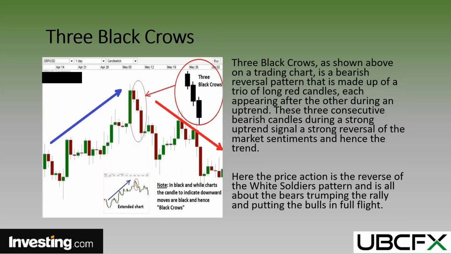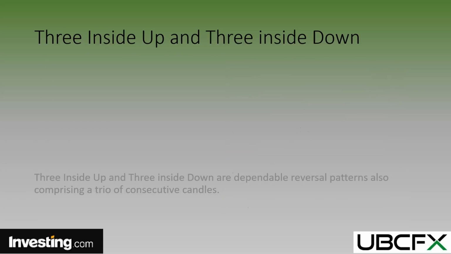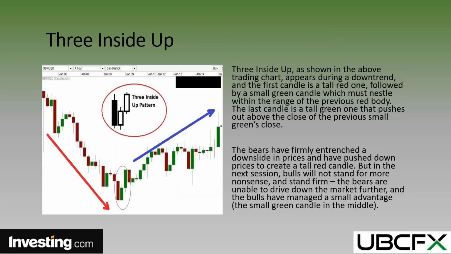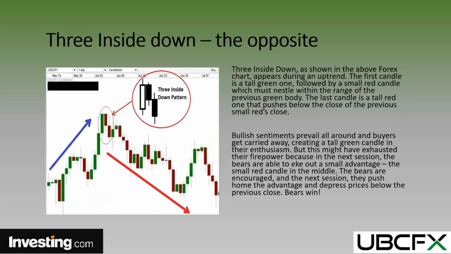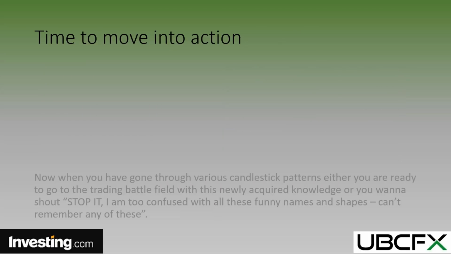Three black crows is the opposite. It appears at the end of an uptrend and is a reversal from that uptrend. And then we go to the three inside up and three inside down. They are as complicated as the morning star and the evening star, but they are again reversal patterns. They are on your cheat sheet so you can see them.